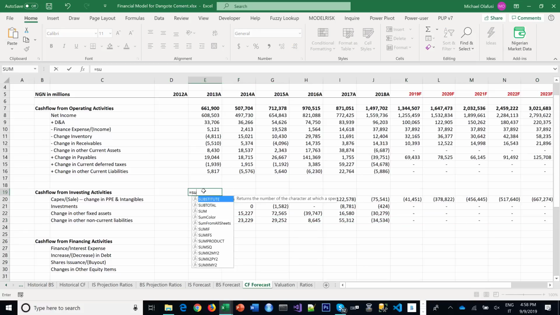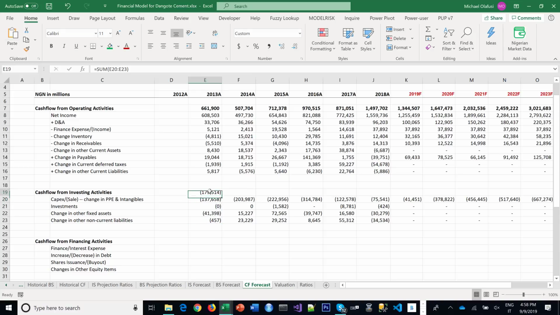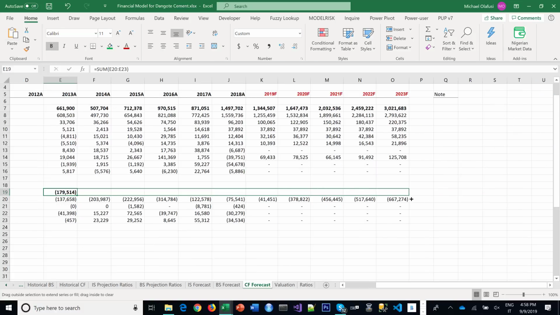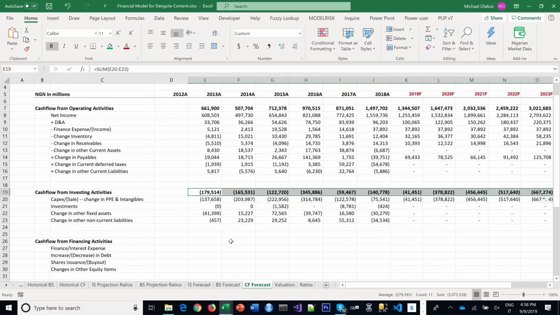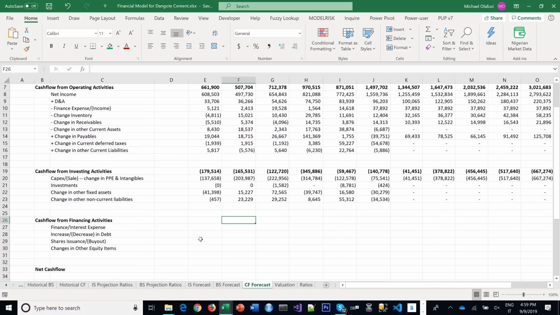And I'm going to straight away sum all of these since we've already gotten them in the correct cash directions. Right. And then the cash from financing.